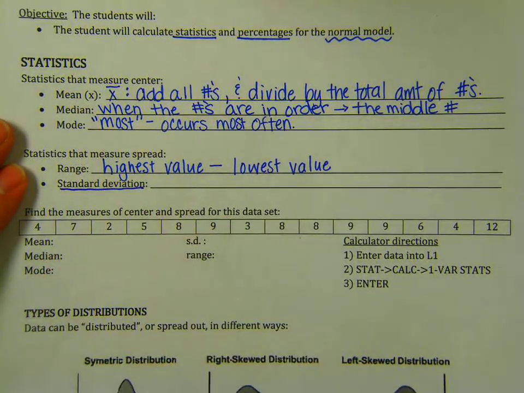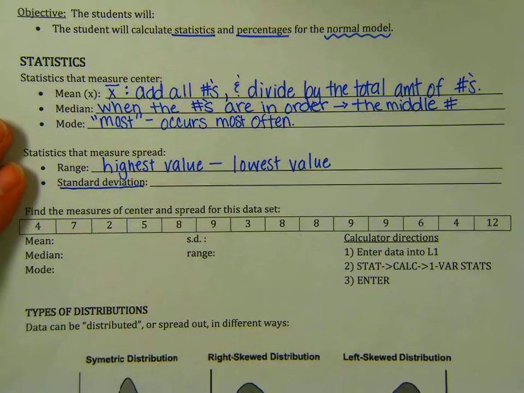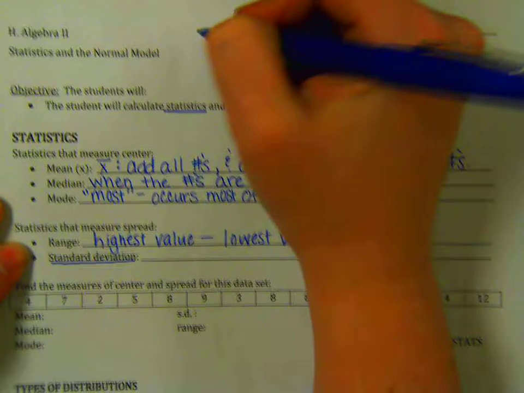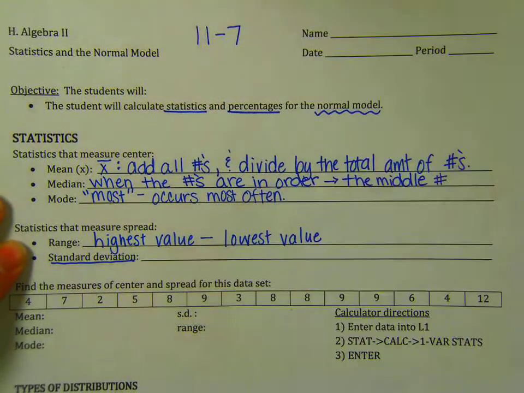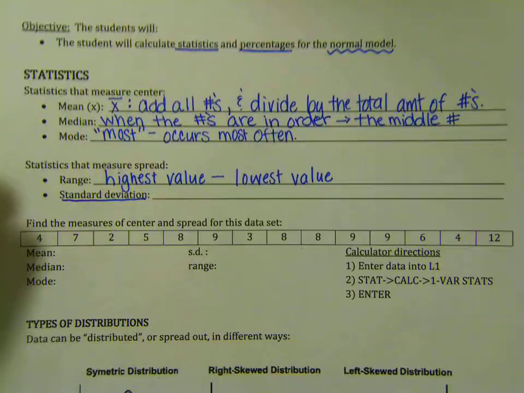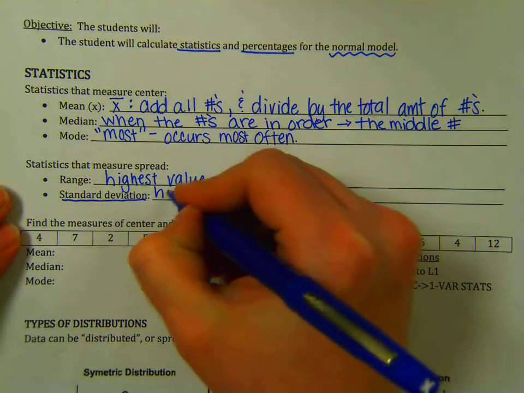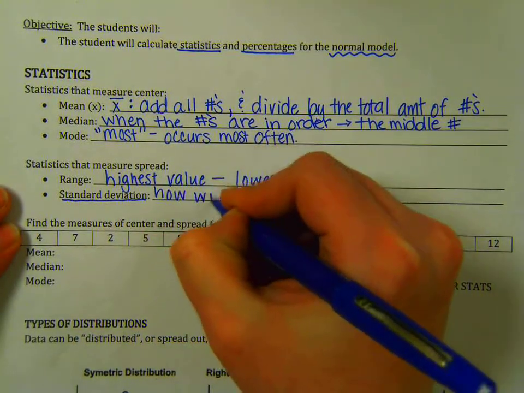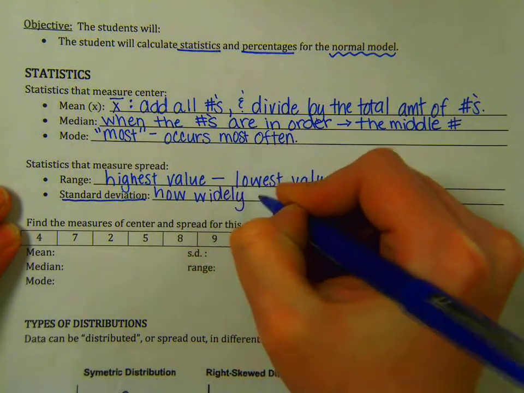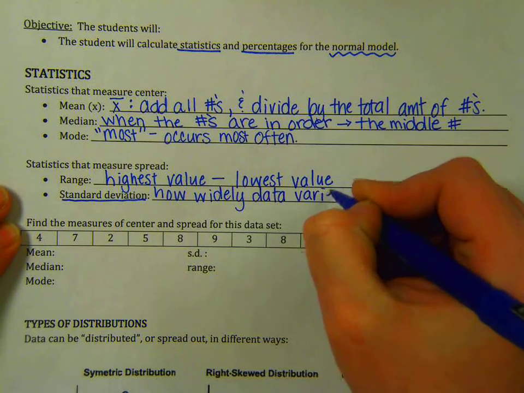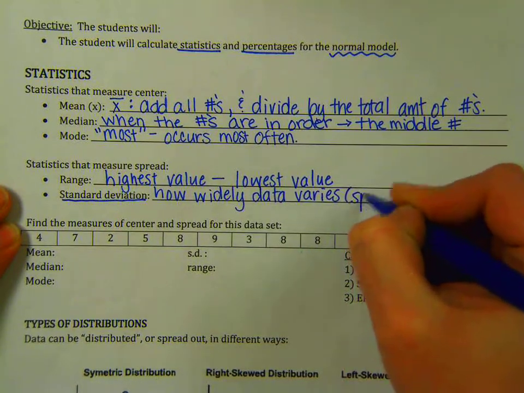You're going to be hearing it a lot in this chapter, and this is actually 11.7. So if you want to write that at the top of your paper, 11.7 in the textbook. So standard deviation. That's just how widely data varies or spreads out.